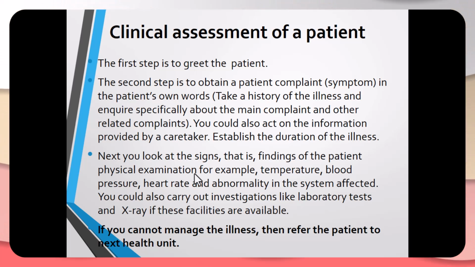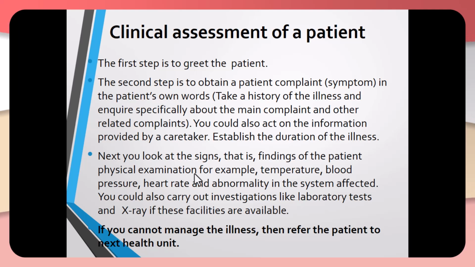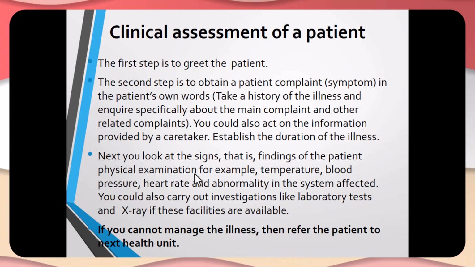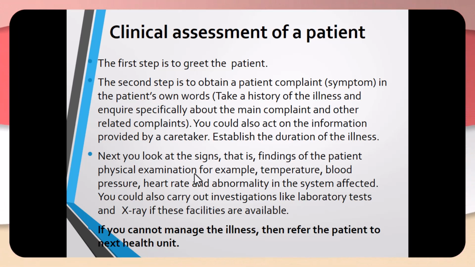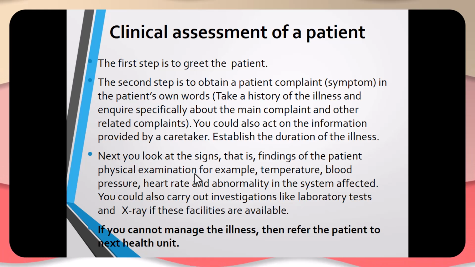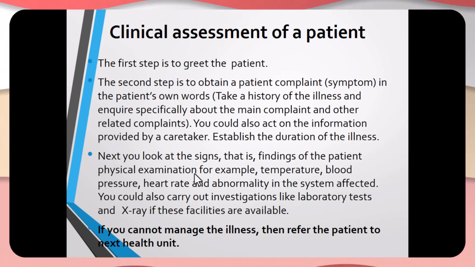So you may not need only information from a patient. For some cases, you can also act on the information provided by a caregiver, okay, or a caretaker, yeah. So establish the duration of illness from the patient's own words.